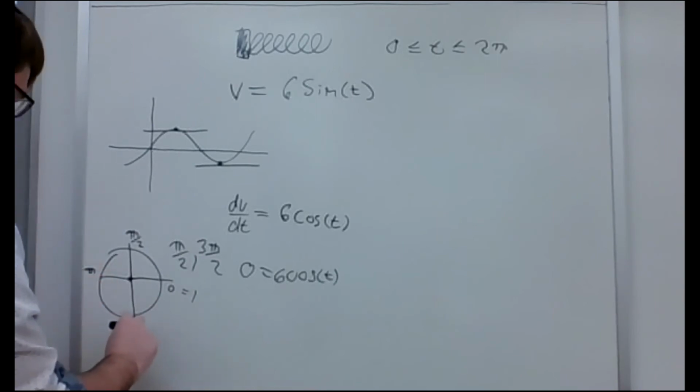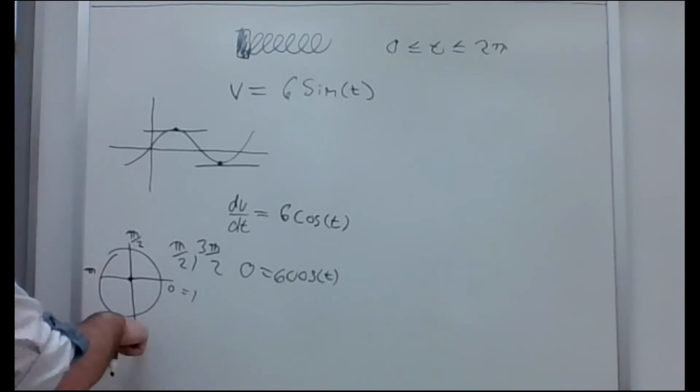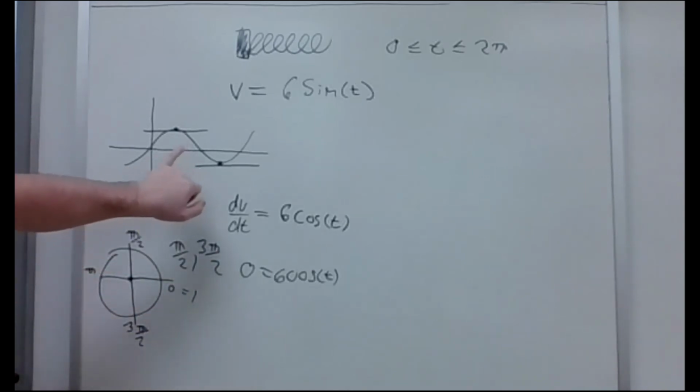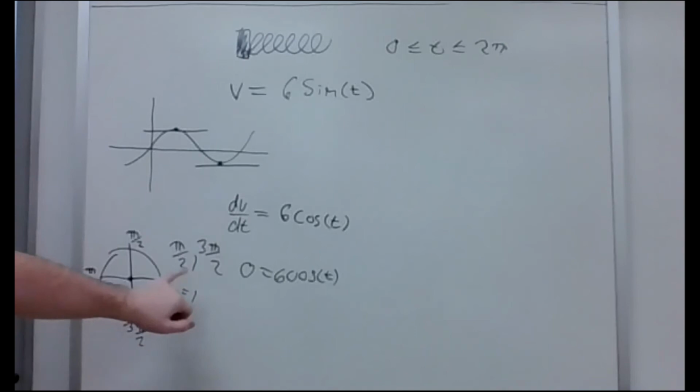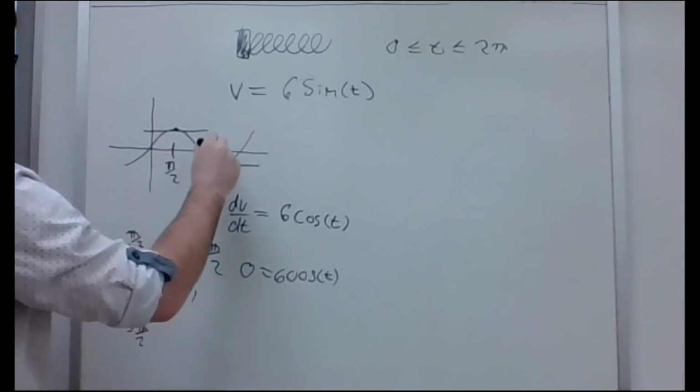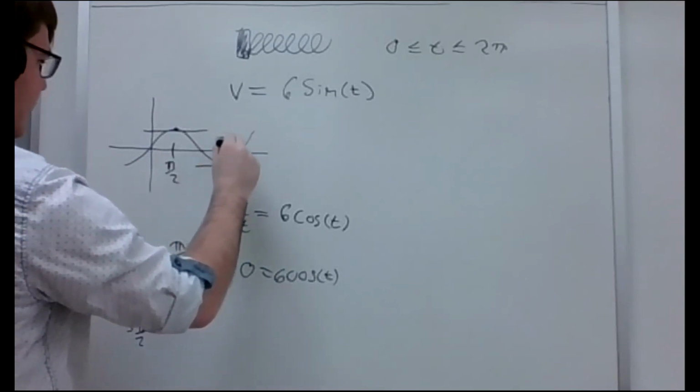At 3 pi halves, it's going to be 0 again. And now this is where it's kind of handy to know the sine curve, right? So know what a sine curve looks like, because we already know that this is the pi halves and this is the 3 pi halves.